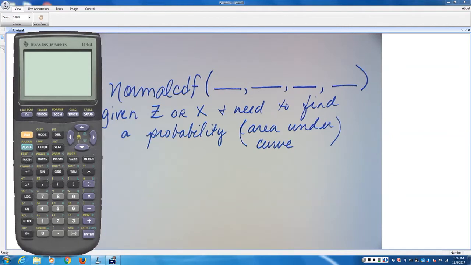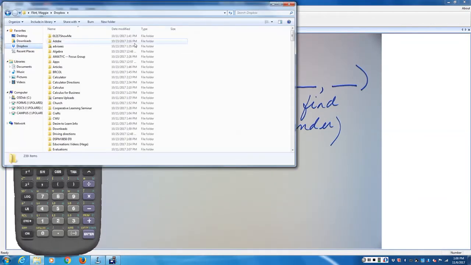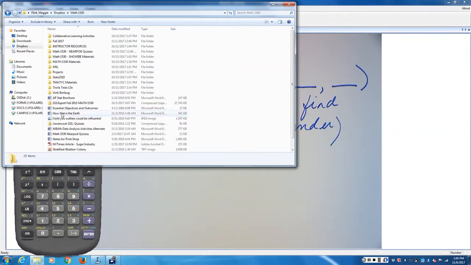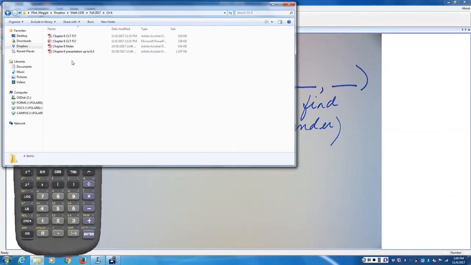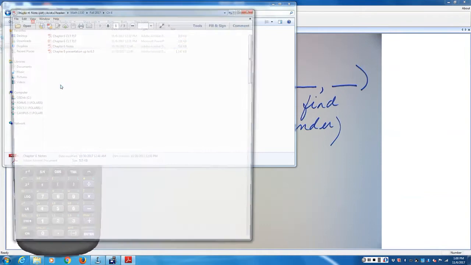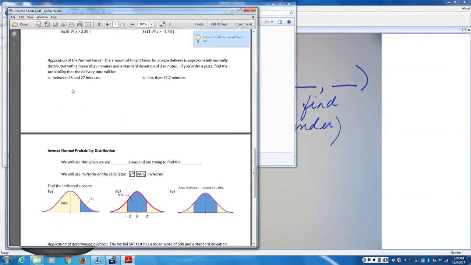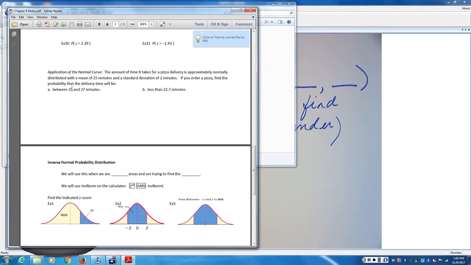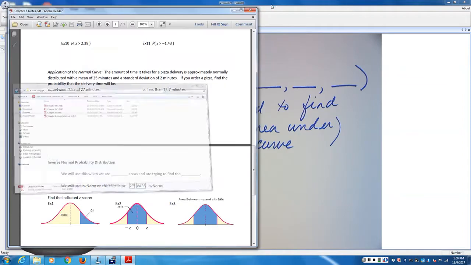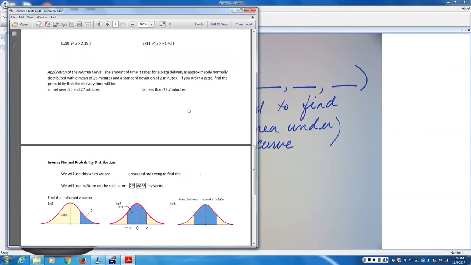So for example, the last one we talked about was an application of the normal curve where it said the amount of time it takes for a pizza delivery is approximately normally distributed with a mean of 25 minutes, which means mu equals 25, and a standard deviation of 2 minutes.